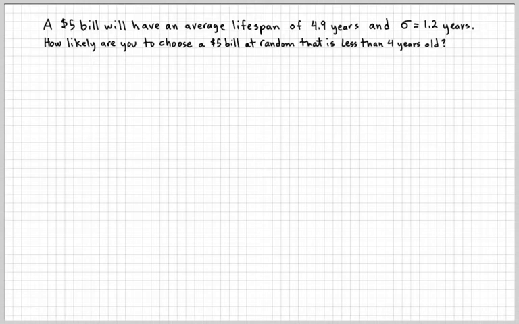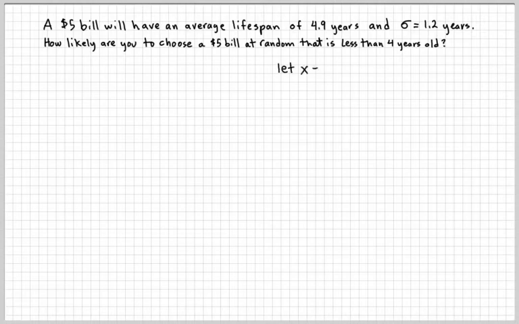But anyway, if you, for some weird situation, are able to choose at random a whole bunch of different $5 bills, what is the chance that your bill will be less than 4 years old?